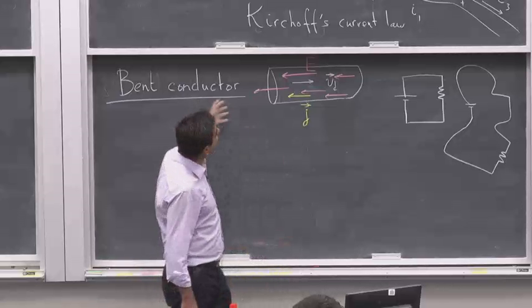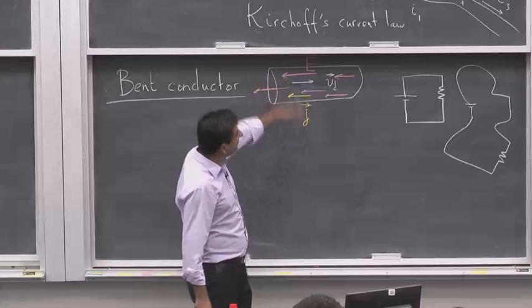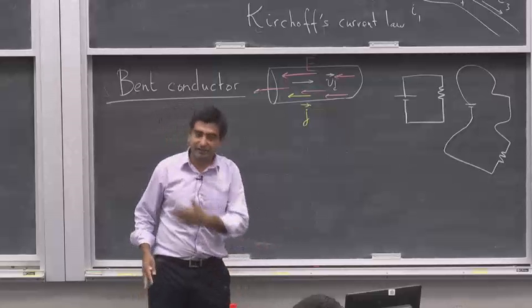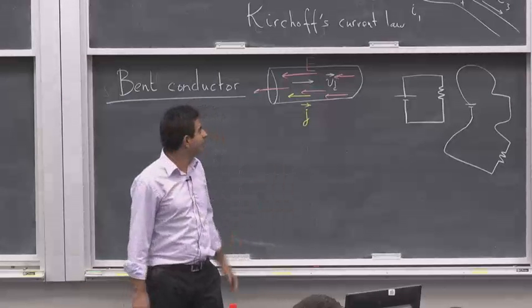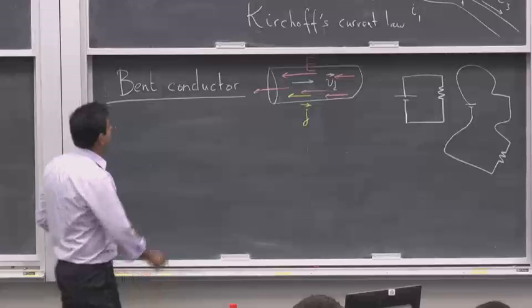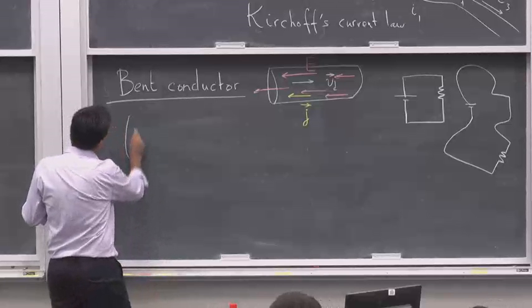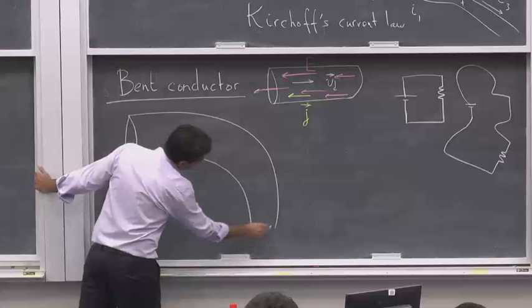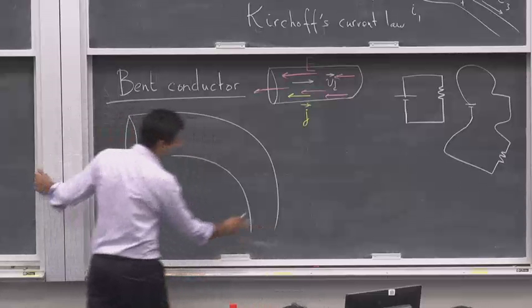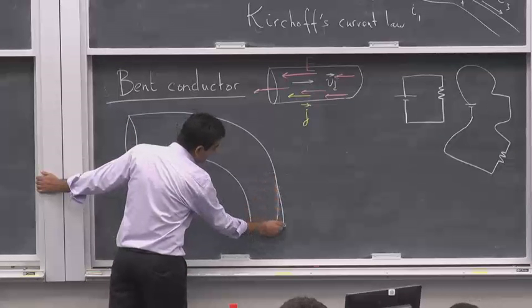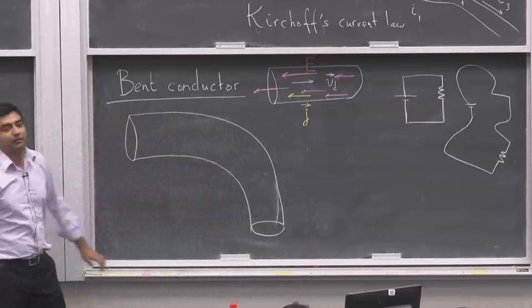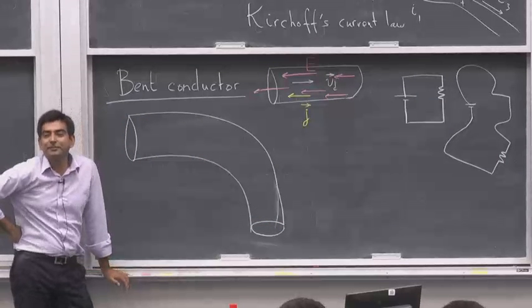Now suppose you have a straight wire. In the straight wire, everything is axial. Okay? It's along the axis. The electric field, the current density, the drift velocity, they're all axial. Now what I would like to do, I would like to take the same conductor and give it a bend. Alright?